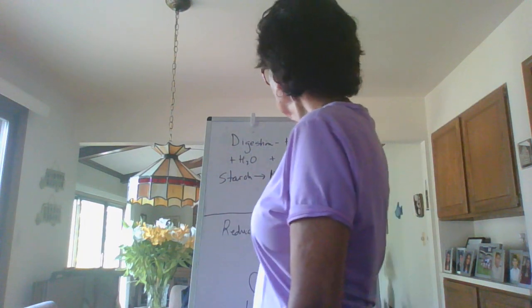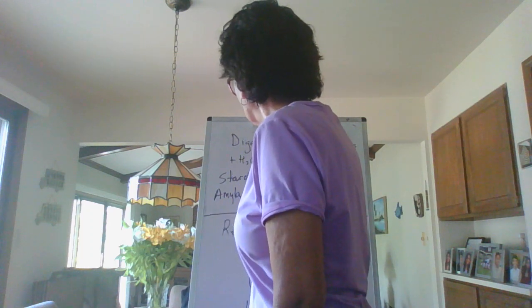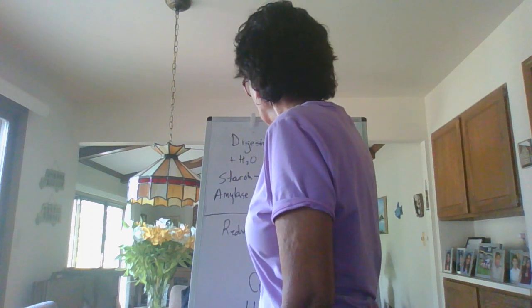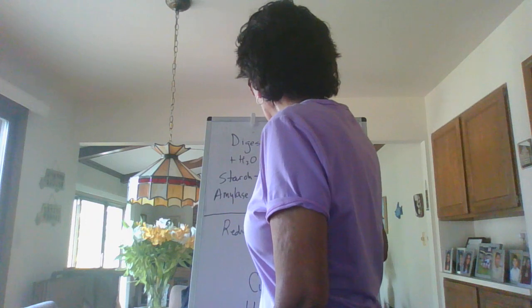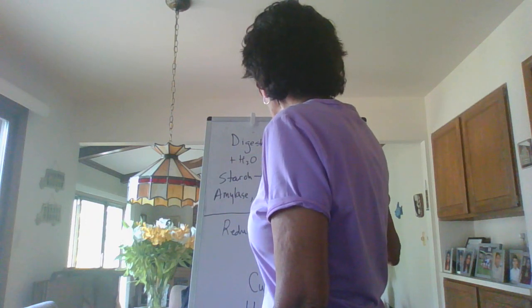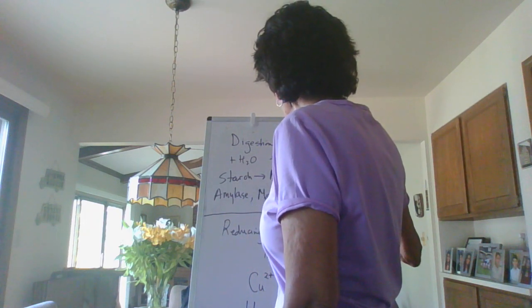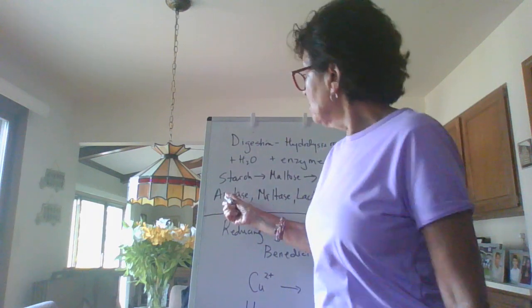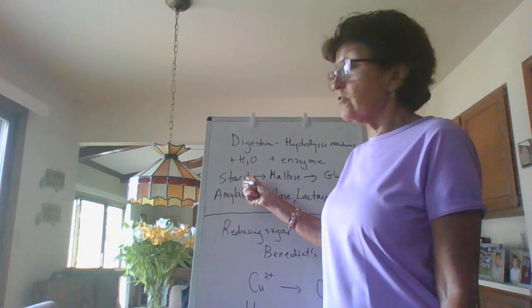So the enzymes we're looking at are amylase, and then we also have maltase, and we have lactase, and we have sucrase. Amylase will work on starch.